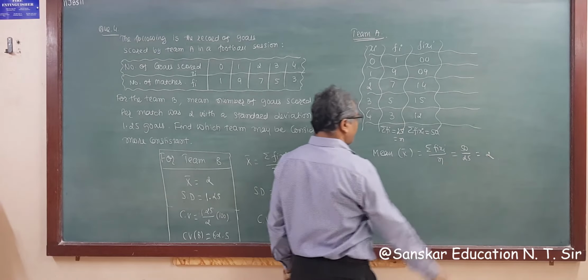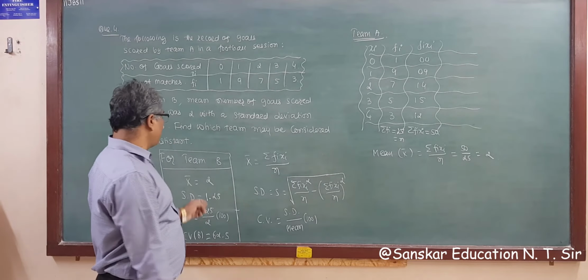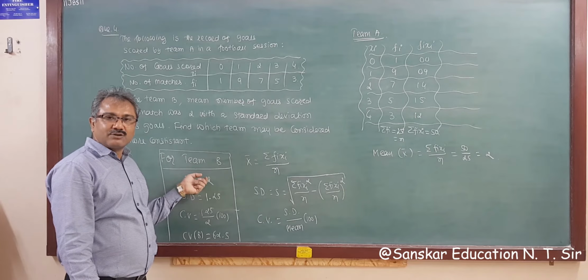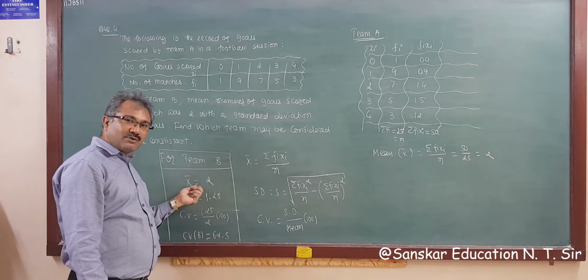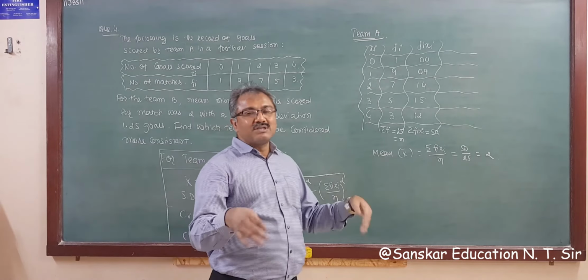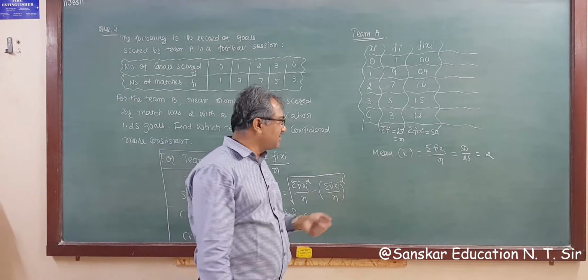So mean for team A is also 2, and mean for team B is also 2. So the means are same. So whose standard deviation is more is more inconsistent, and whose is less is more consistent.